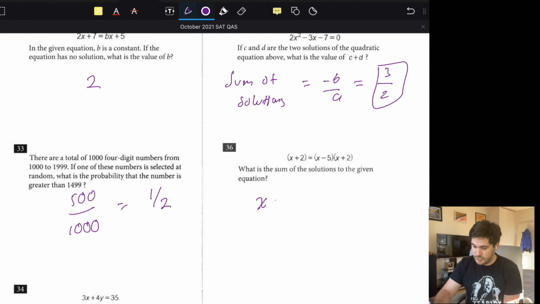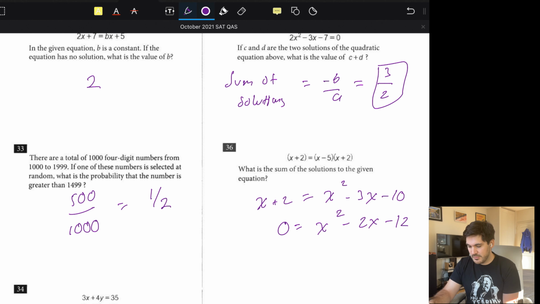x plus 2 equals x squared minus 3x plus 10, minus 10. So 0 equals x squared minus x minus 2x minus 2 minus 12. So the sum of the solutions is going to be, I think I messed something up though.